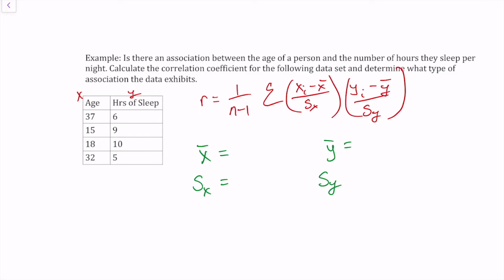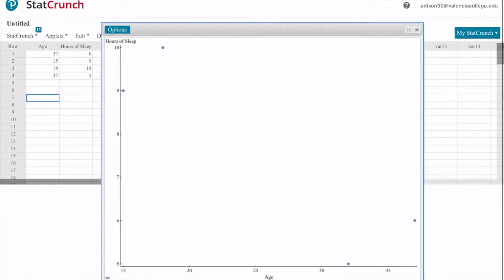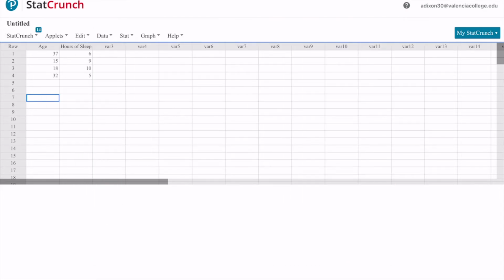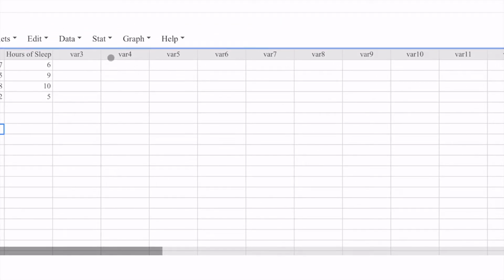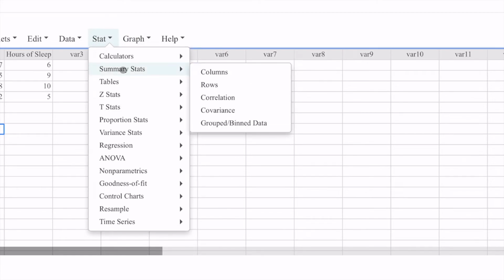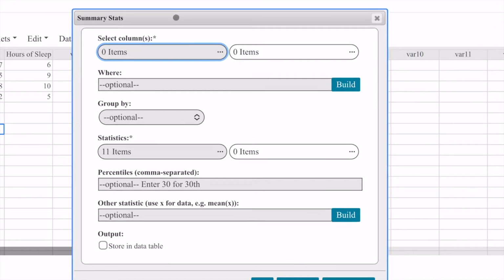To do that, let's get rid of our graph. To calculate those summary statistics, we go to stat, summary stats, and we go to columns, because our data is located in columns. So I can bring that over.